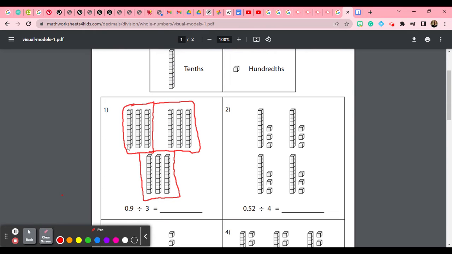Okay, and notice that we have 9 of these sticks, if we want to call them that. 9 sticks, with each stick being worth 1/10. So there are 2 ways we could do this. We can count, and again, each stick is worth a tenth. That means 3 sticks are worth 3/10.